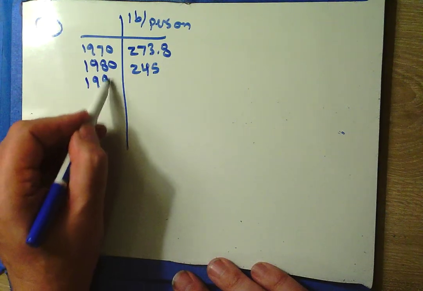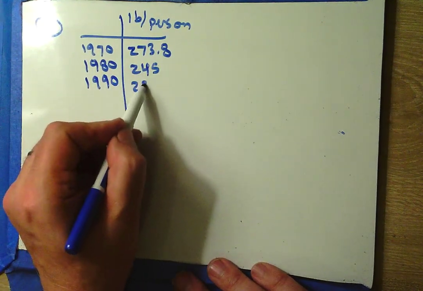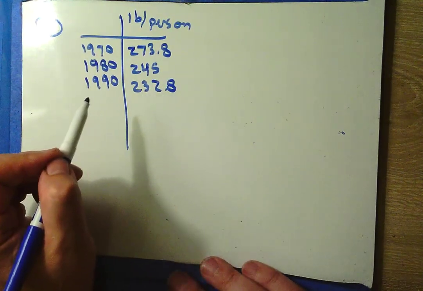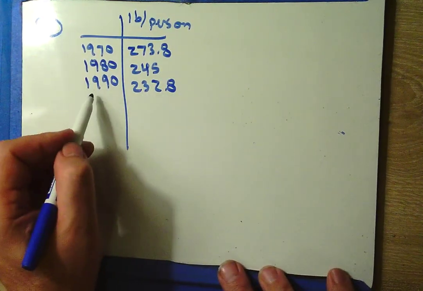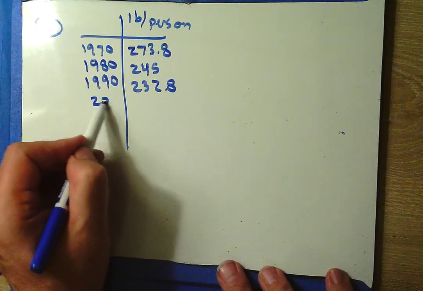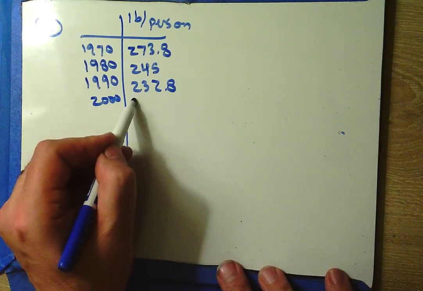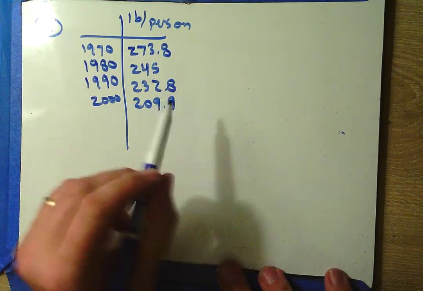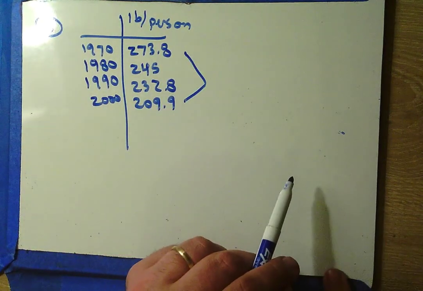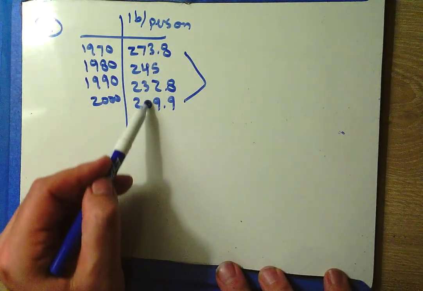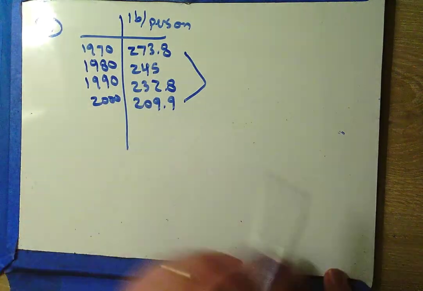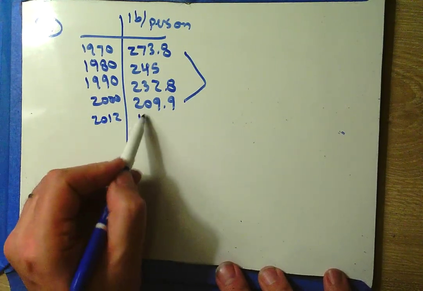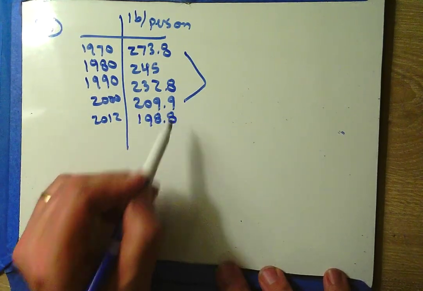In 1990, we're down to 232.8 pounds of milk per year per person. In 2000, it was 209.9. You wonder why dairy farmers are upset? Look at all that consumption drop. And in 2012, we were down to 198.8.